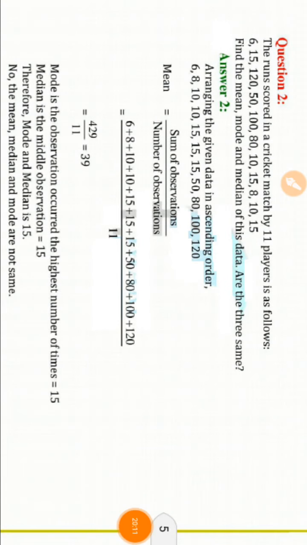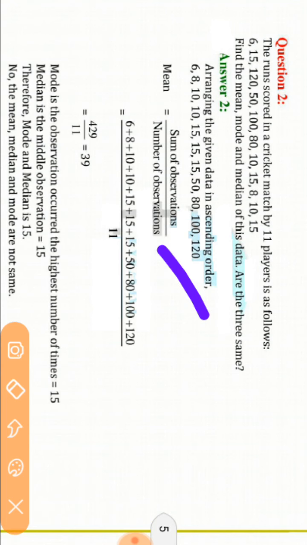Here, all the types of questions are asked, to find mean, mode, median. First we have to find the mean. Mean means sum of all the scores divided by the number of cricket players. The formula we have written here: mean is equal to sum of the observations divided by the number of observations, or the number of cricket players.